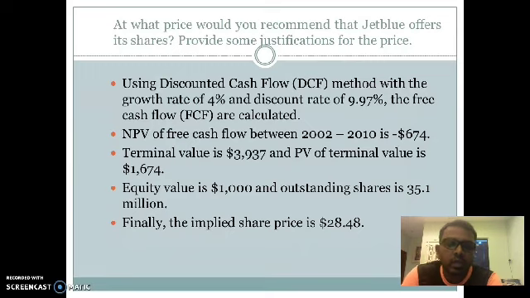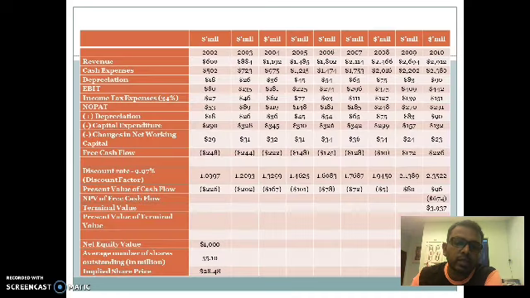With that, we get the equity value, and finally, the implied share price that we obtained is $28.48 per share.